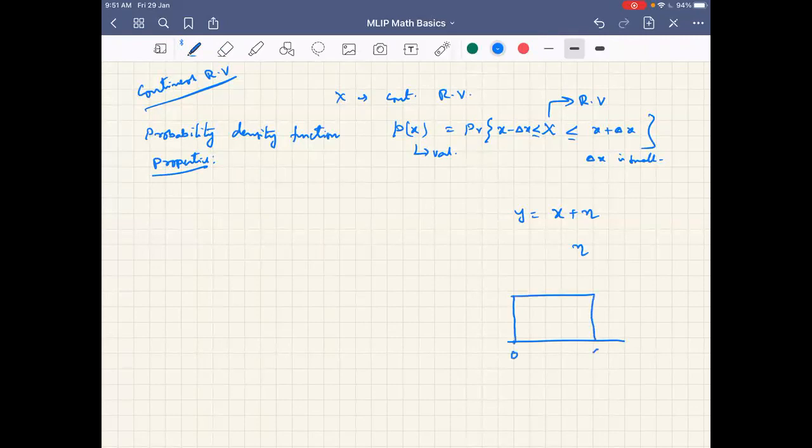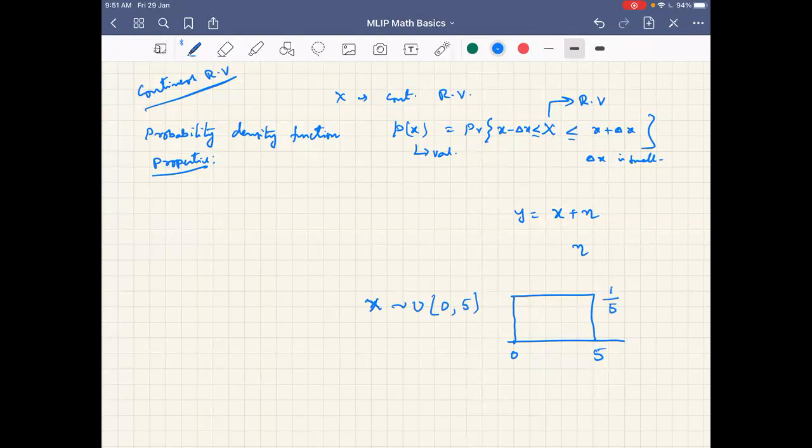If X is a uniform random variable between 0 to 5, then this is the probability density function of the random variable.